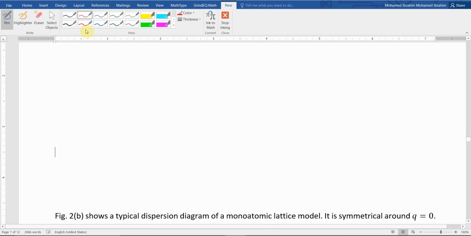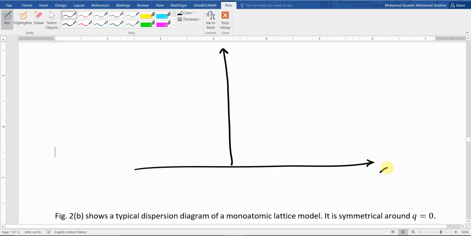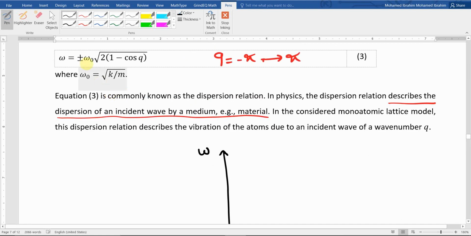So if we set up the coordinates in this case, assume that this is the y direction that should be for omega, and this x coordinate should stand for the q. This should be the q direction, and this should be the omega axis.